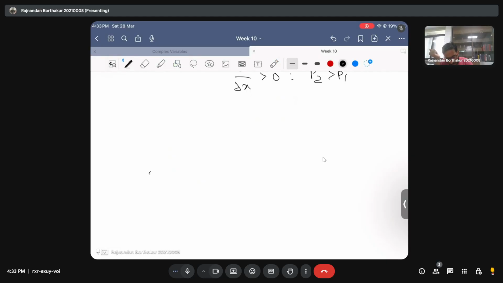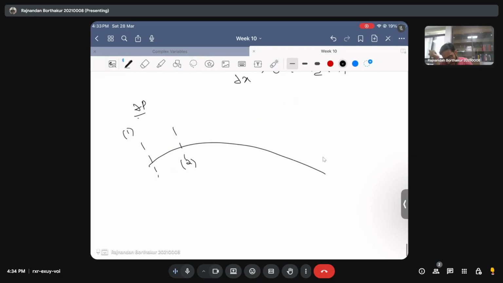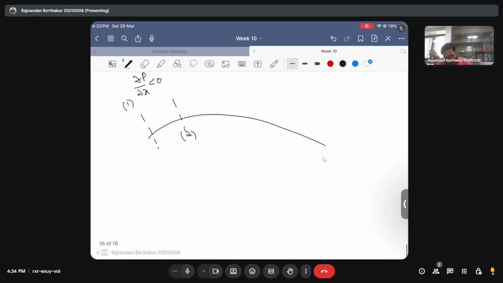For example, this is clear if I draw a particular figure. If I look into this curved plate, from station 1 to station 2, let's say my del p by del x is less than 0, which means this is a zone of favorable pressure gradient, which means that P1 is greater than P2, and pressure actually aids the flow gliding over this plate.